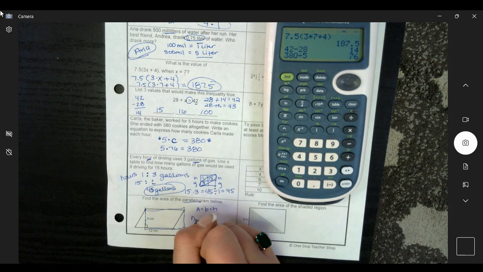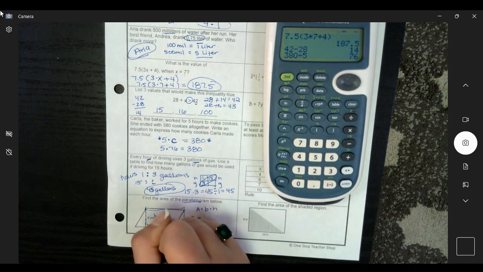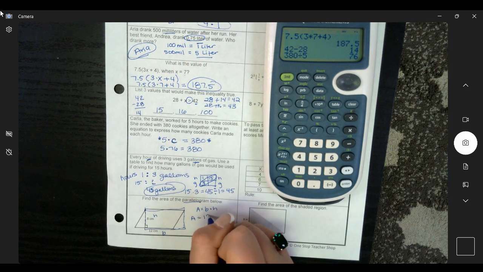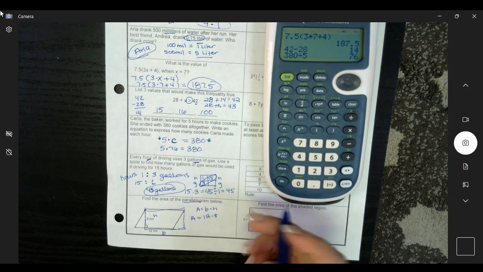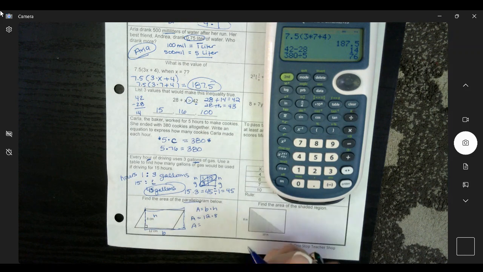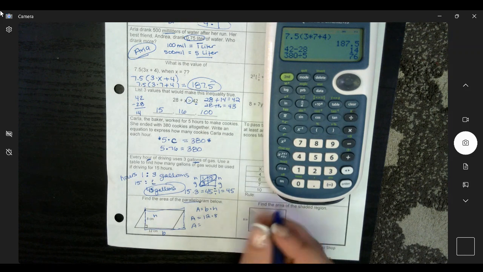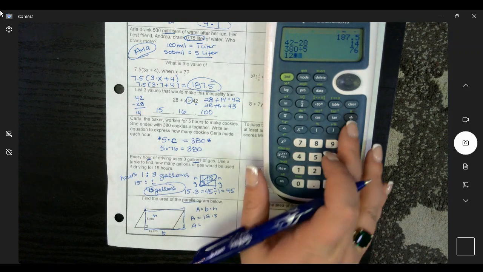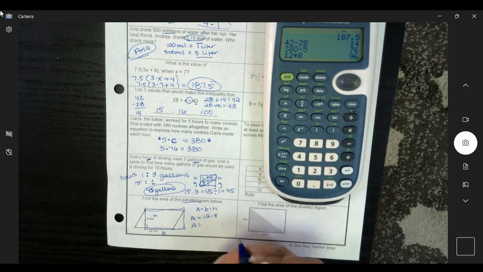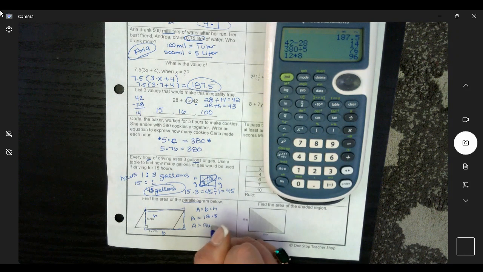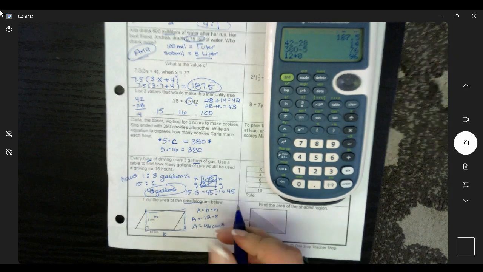So to find the area of this parallelogram, I'm just going to multiply the base times the height. So I'm going to multiply the 12 times the 8. So my area should be 12 times 8, which is 96 centimeters squared.